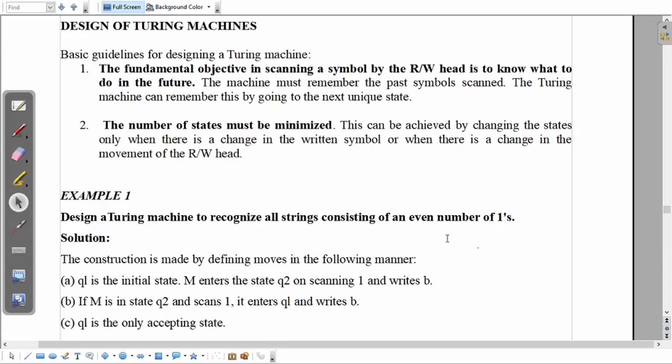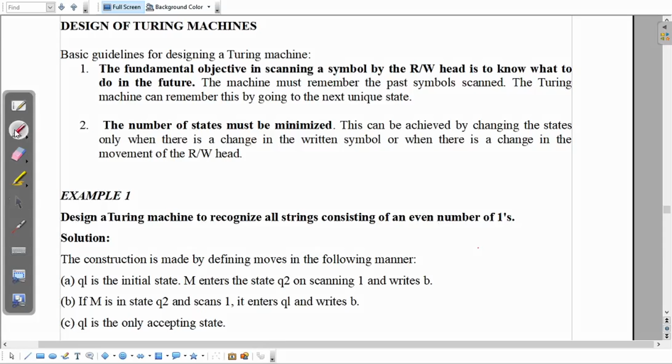Whenever you get the first one in the string, you need to go to the odd state, and whenever you get another one, you need to come back to the even state. So whenever you are counting the ones, you will always go between two states, either even or odd.